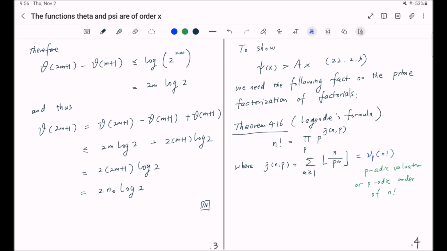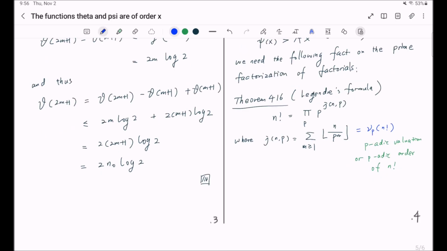And to help the audience understand this theorem, let me give you the following example. For n equals 6, let's look at the factorization of 6 factorial. 6 factorial is equal to 720, and its prime factorization is equal to 2 to the 4th times 3 squared times 5.